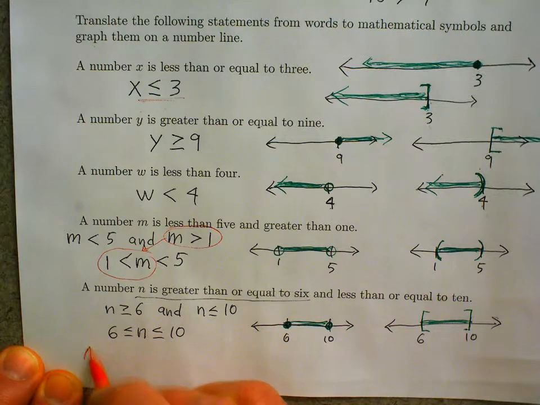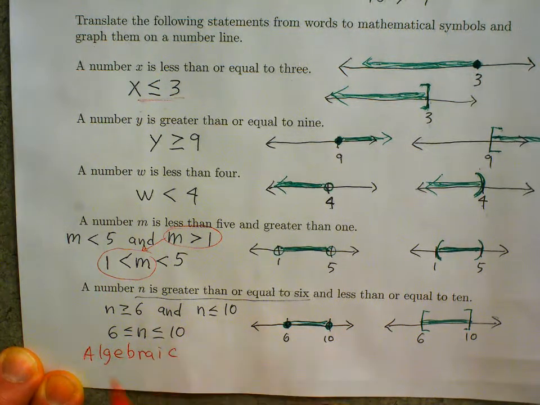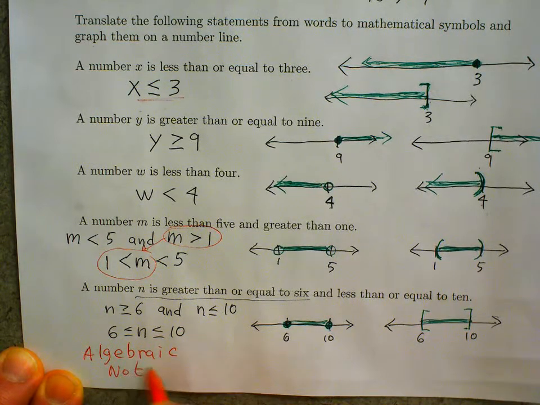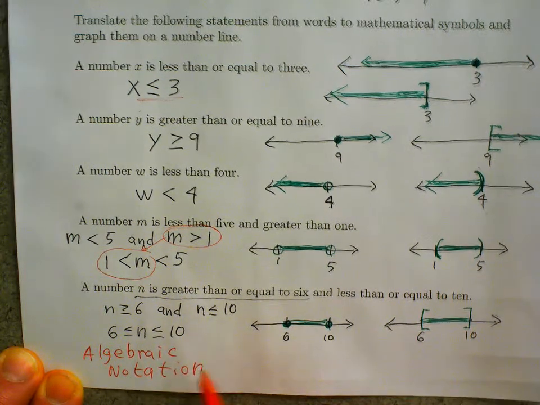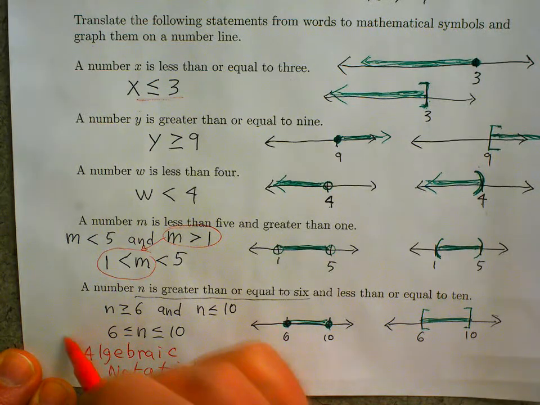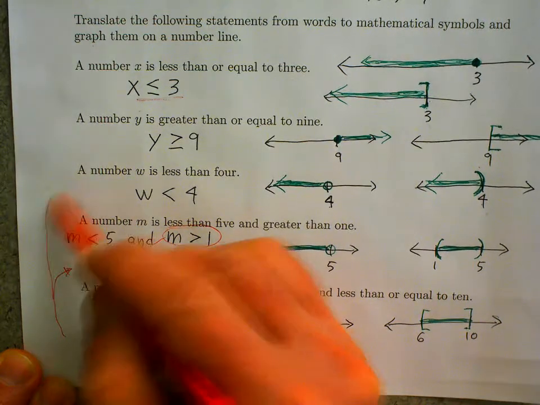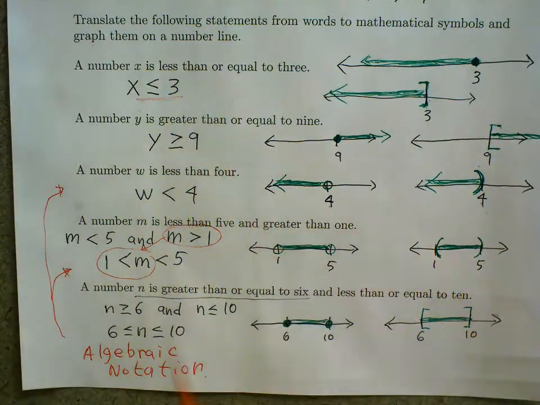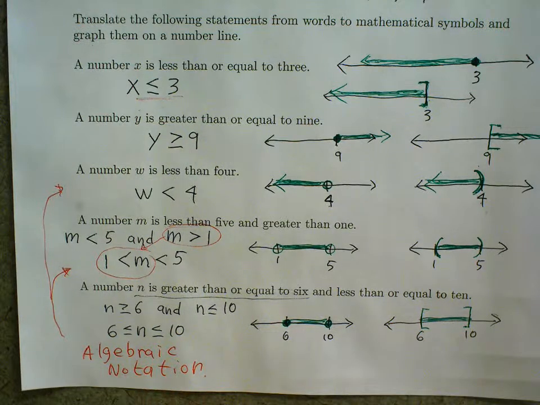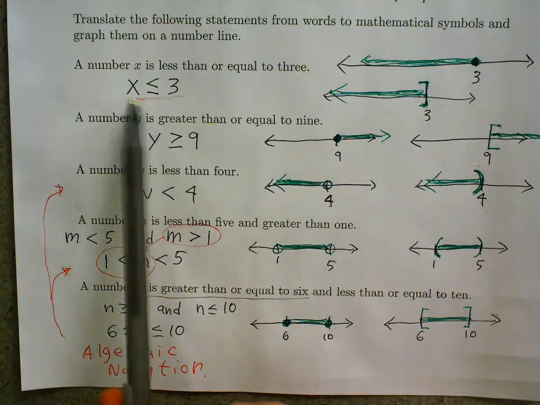So algebraic notation involves the variable. So in each of those examples, the inequalities are written by using algebraic notation. So algebraic notation always includes the variable.